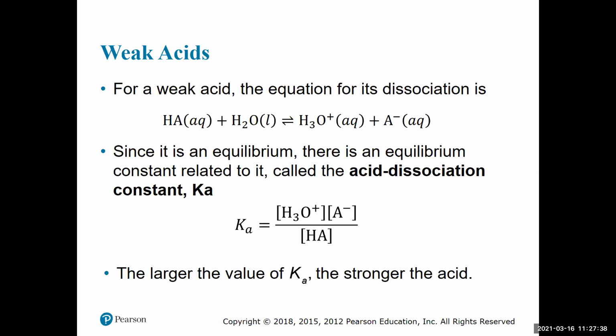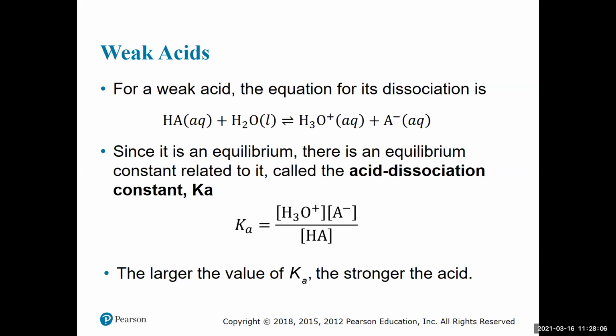But what this is really useful for: acid dissociation constants are hugely important in the chemistry world because they tell you how dissociated something is, and you can control that dissociation on these weak acids by doing certain things in the reaction mixture. So people are always interested to know acid dissociation constants. The larger the value of Ka, the stronger the acid.